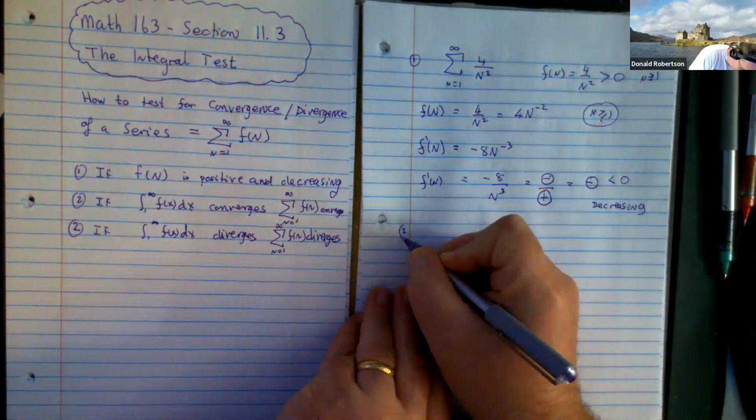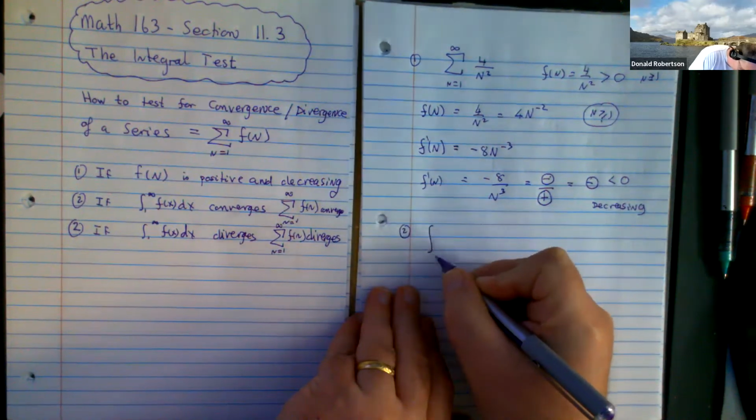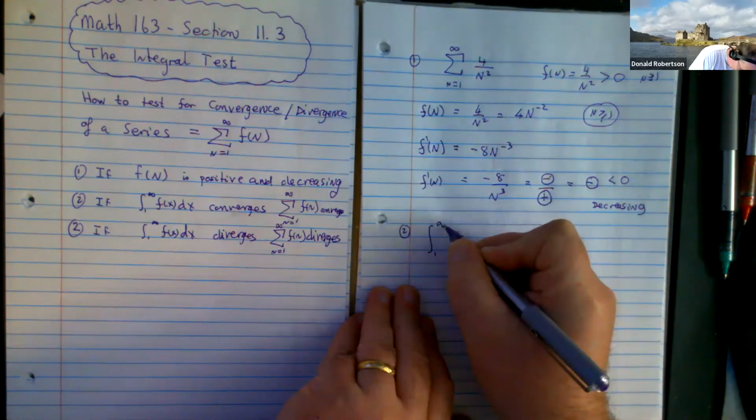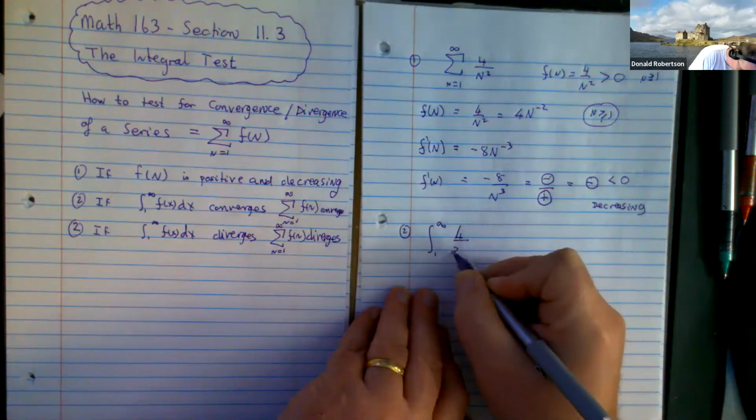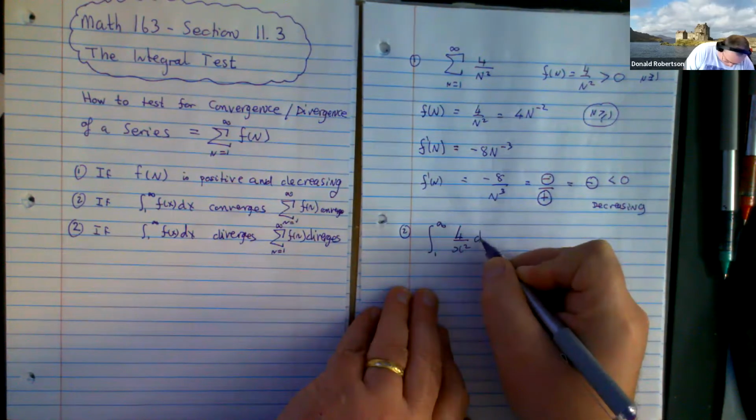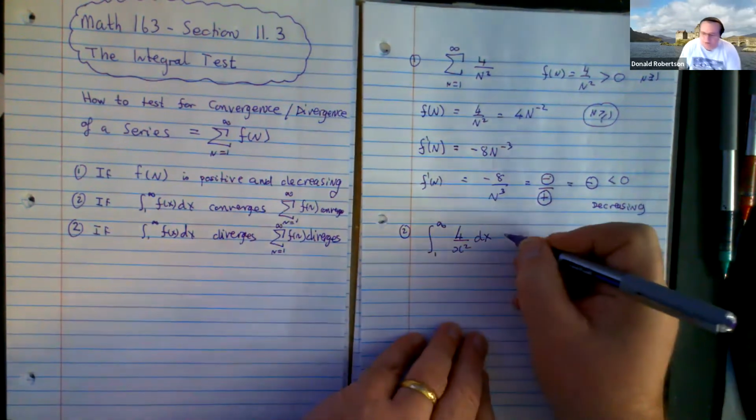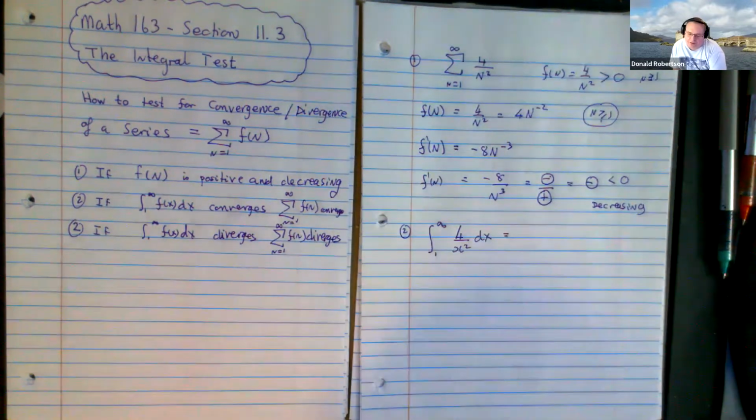So the last part of the puzzle is the step 2 thing. I'm going to find the integral from 1 to infinity of 4 over x squared dx. Now we have to bring out something that you haven't done for a fair amount of time. In Calc 2, can you remember doing improper integrals?